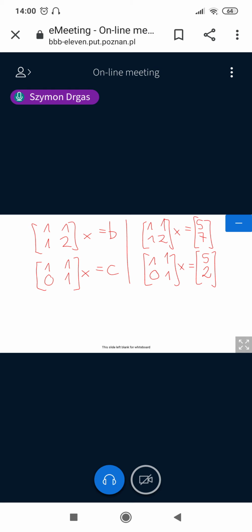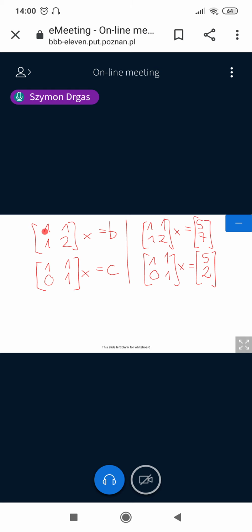That step subtracted L21, which is the number by which we multiplied the first row and subtracted from the second row.